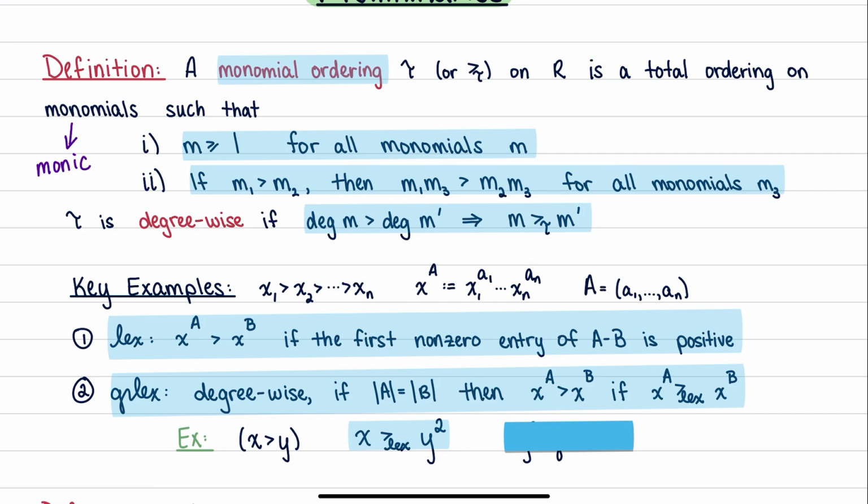But if I look at the graded lex order, then y squared is bigger because it has larger degree. So that's what a monomial ordering is. Those are the two examples of these orderings that I'm going to use during this talk.